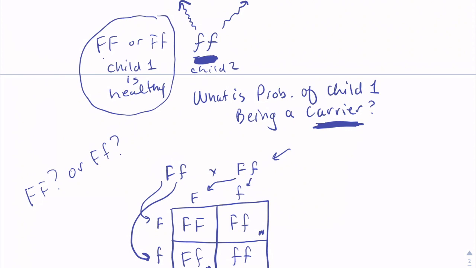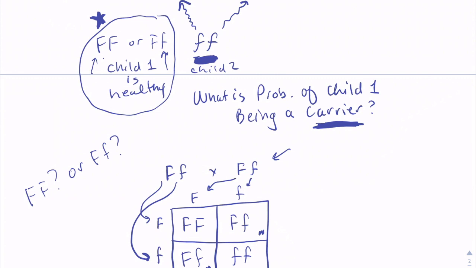I'll circle them for whether or not they are homozygous dominant or heterozygous. We can't say that there is a 2 out of 4 chance that she's a carrier, because that's not quite right, and I'll tell you why.